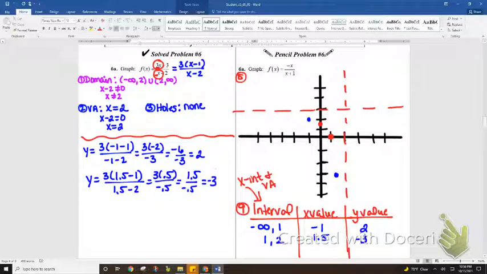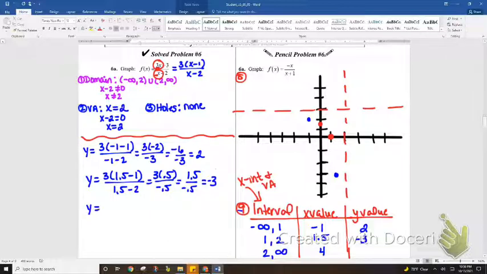Now, on the other side of my vertical asymptote, I'm going from a vertical asymptote, so it's going to go from that vertical asymptote at 2 all the way to positive infinity. So I'm going to pick a number in here, let's do 4.